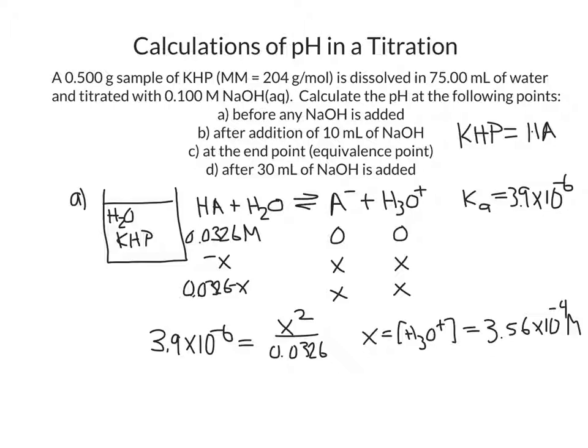My pH is the negative log of that. If I take the negative log of that number, I get 3.45. And so my pH before I've added any sodium hydroxide is 3.45.